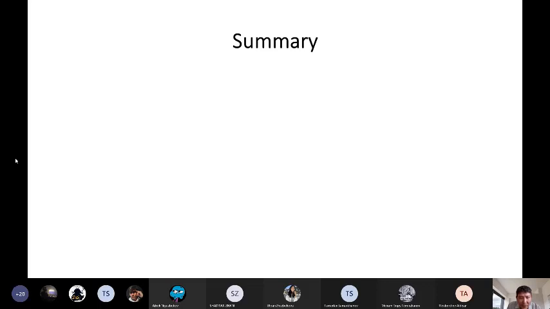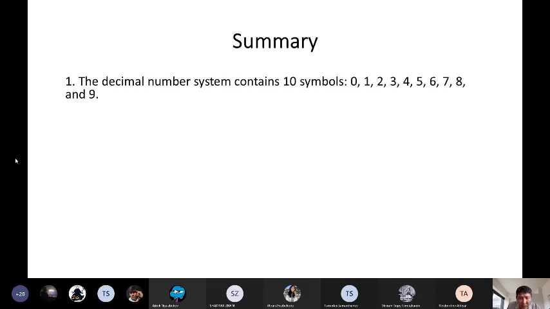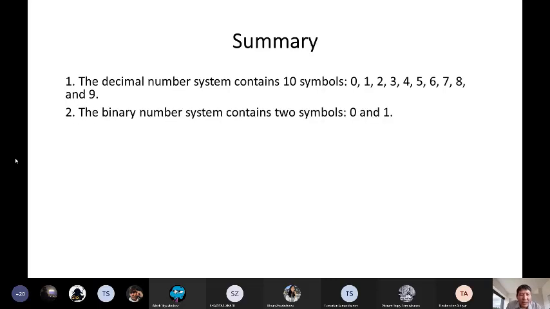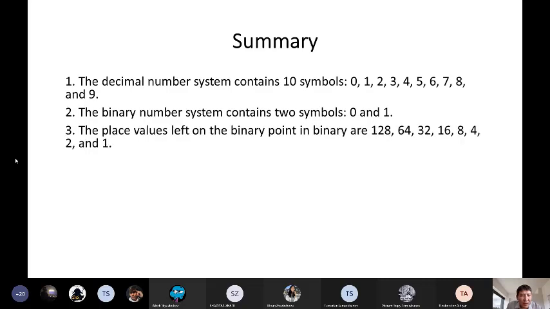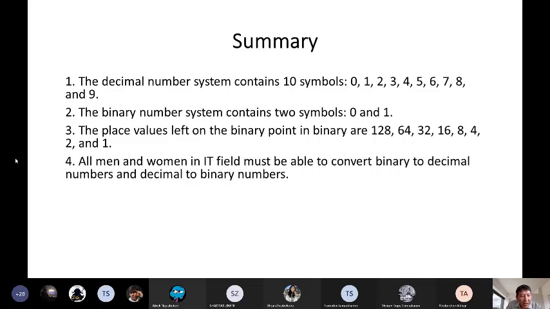Okay, let's go through the summary. First, the decimal number system contains 10 symbols, so you know it. The binary number system contains 2 symbols, 0 and 1. The place values left of the binary point in binary are something you can calculate, but you should know them, at least up to this number, if you're not able to calculate.